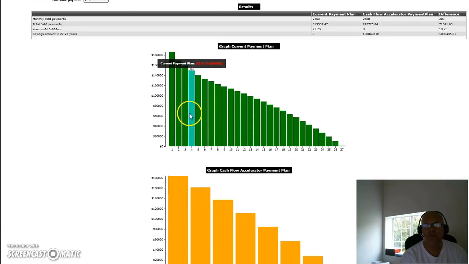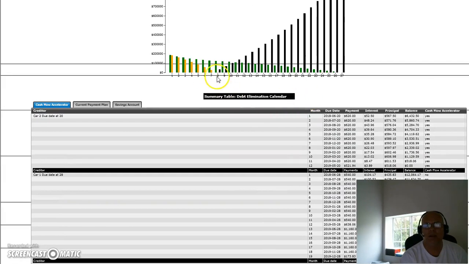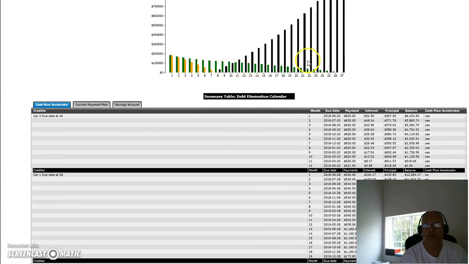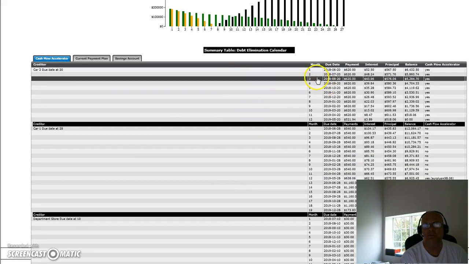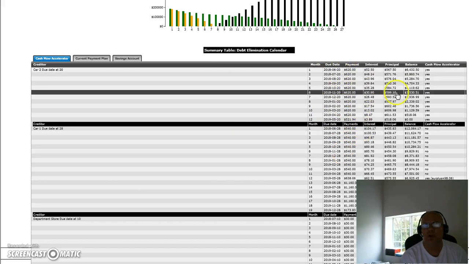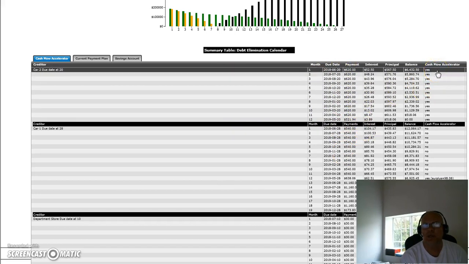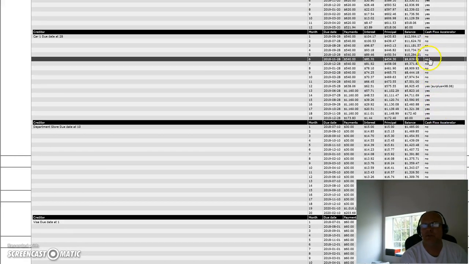It does some nice graphing for you for your current plan, our plan, and then it compares the two and shows you your savings. Also populates for you each month all the way through and shows you each month which debt you are taking care of that month. And if you look over here, you'll see some no's.